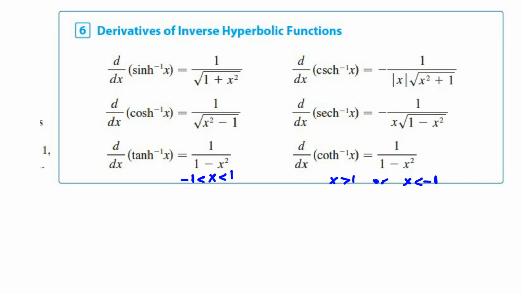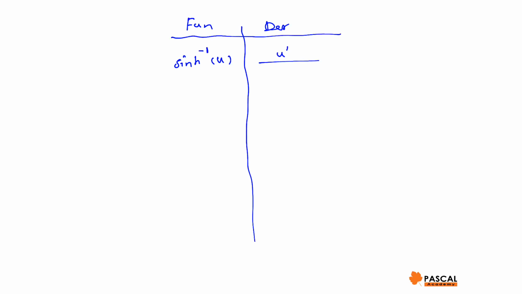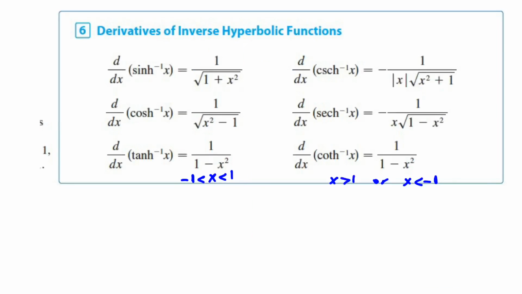By applying the chain rule, we can see the derivative of sinh inverse of u when u is a function of x is u prime over square root of 1 plus u^2. If instead of x we put u, we have to multiply the derivative by u prime, and instead of x put u.